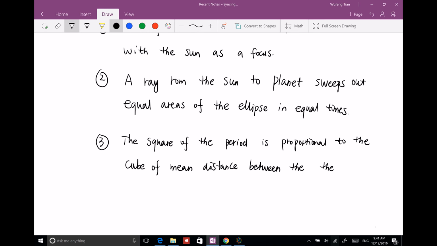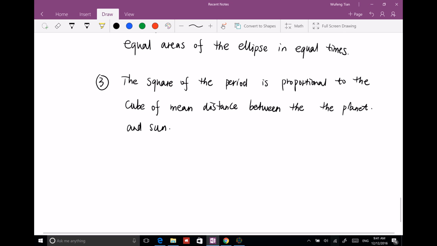I think if you study physics in the future, you are going to review this again. So basically, we're going to use the polar equation to do some applications based on the planets. Okay, astronomy, physics.